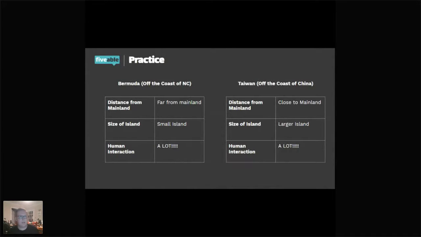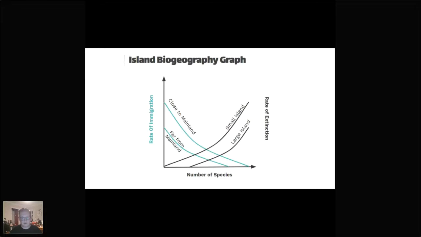small island. All right, island biogeography graph. I think this can be very useful in thinking how all these ideas come together. I'm a math-oriented person, so this helps me, the graph. So according to this, the left side is rate of immigration, which really dictates how close it is to the mainland.